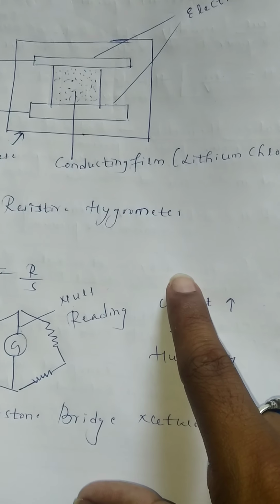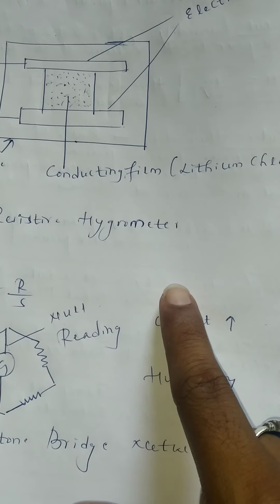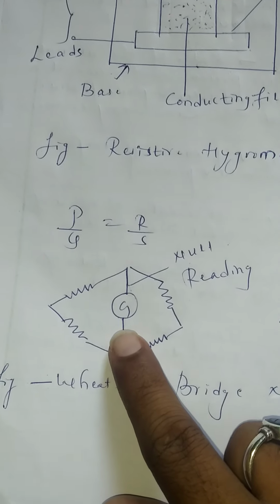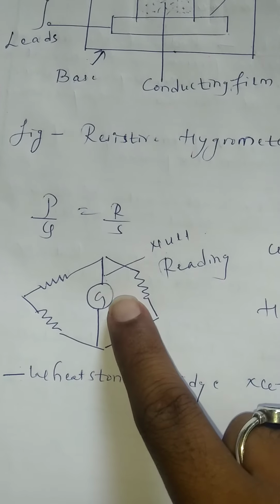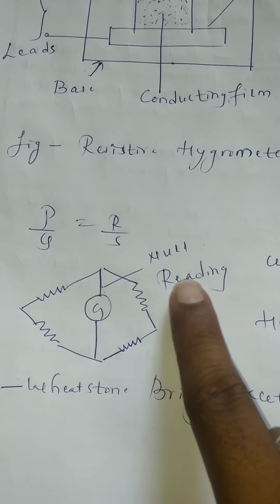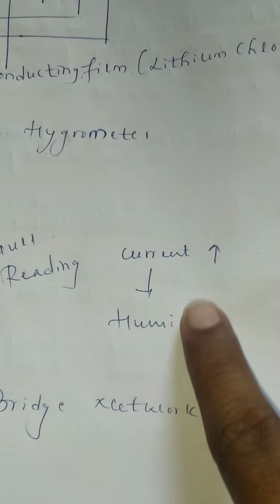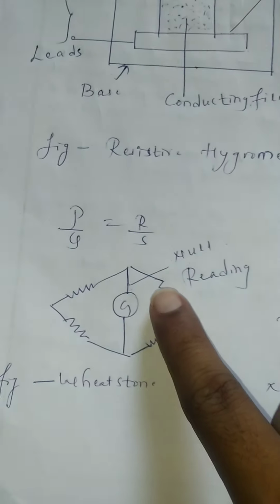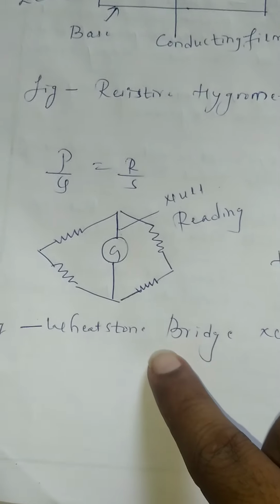The resistance is measured using a Wheatstone bridge network by applying AC voltage. As the resistance changes, the current or voltage changes, and by using this we can measure the humidity.